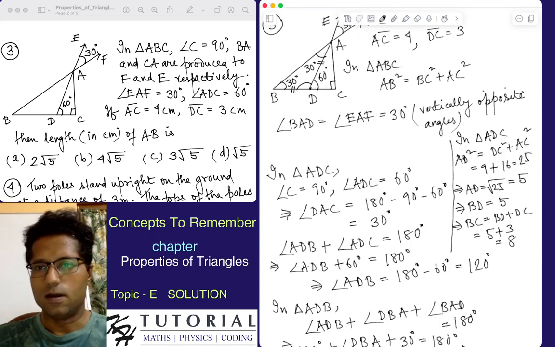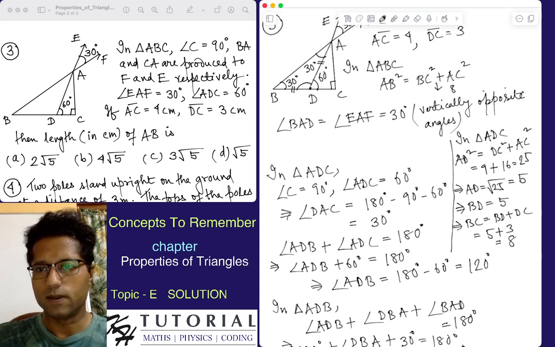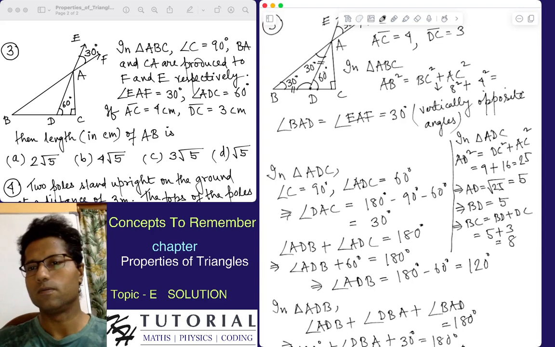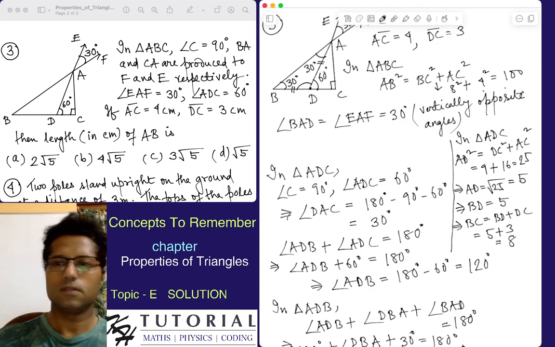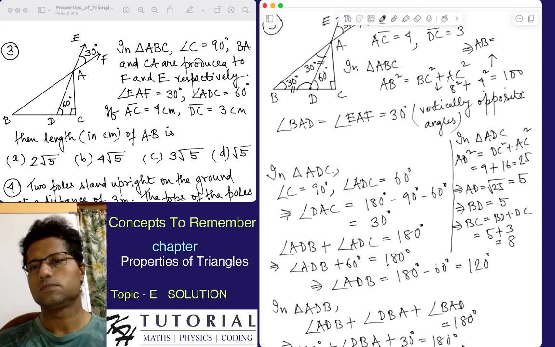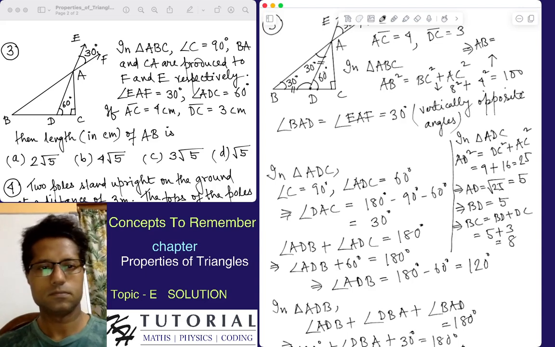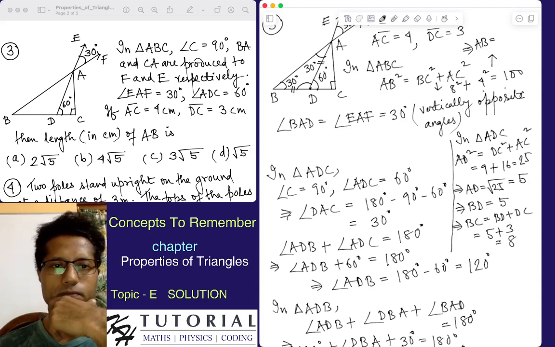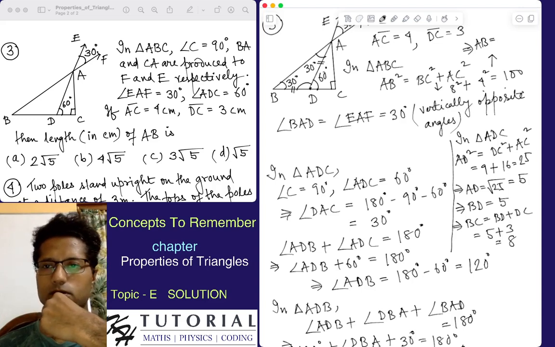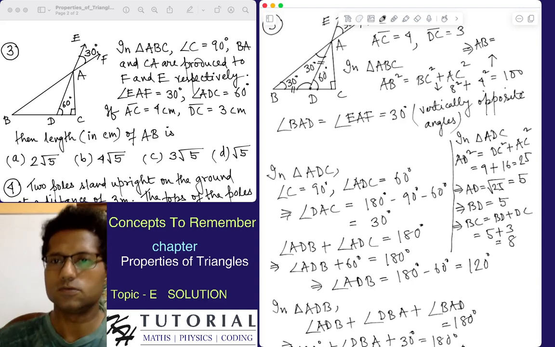So we know BC and we also know AC. If we put the value of BC as 8, that is 8 square, plus AC square, 4 square. This is 64 plus 16, sorry, not 100.